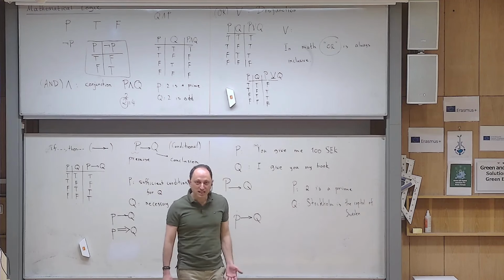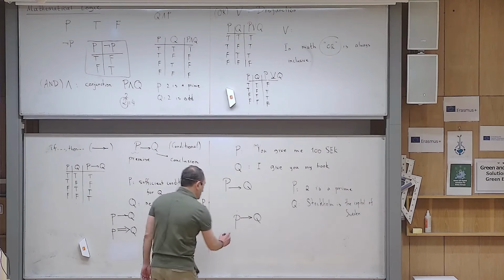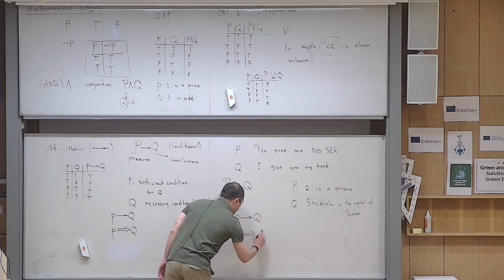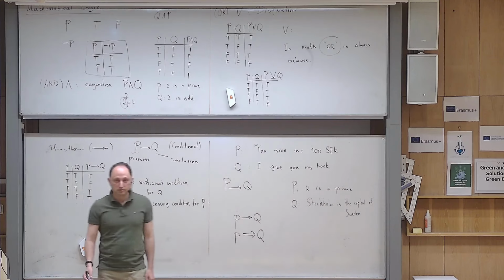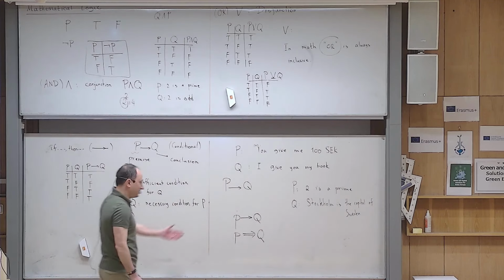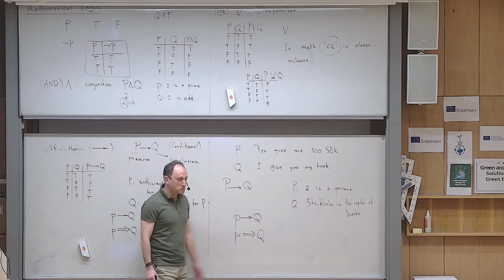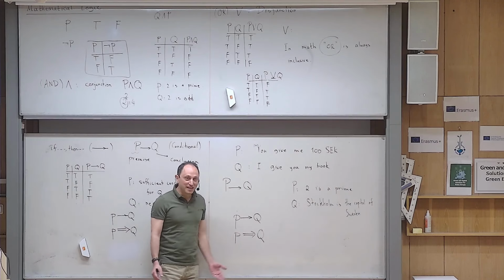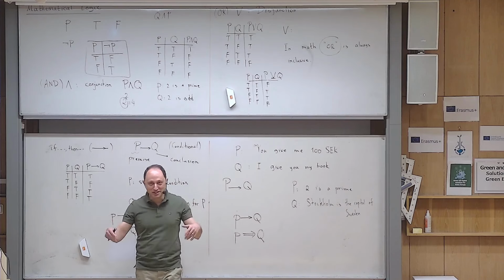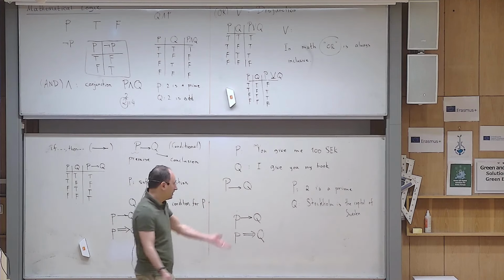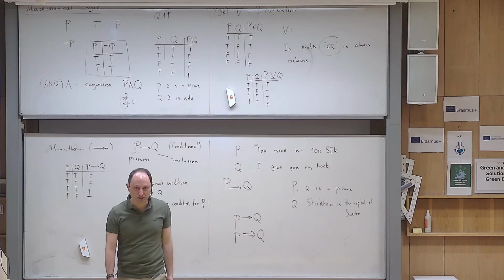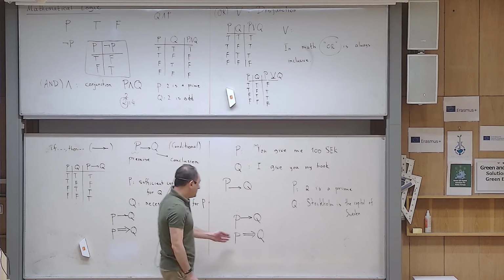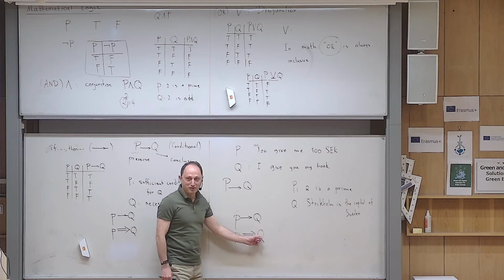But in this case, I don't like to write this symbol. I really want to write this one because this means that if 2 is a prime, then mathematically, logically, or whatever, then Stockholm is the capital of Sweden. It doesn't logically imply that.